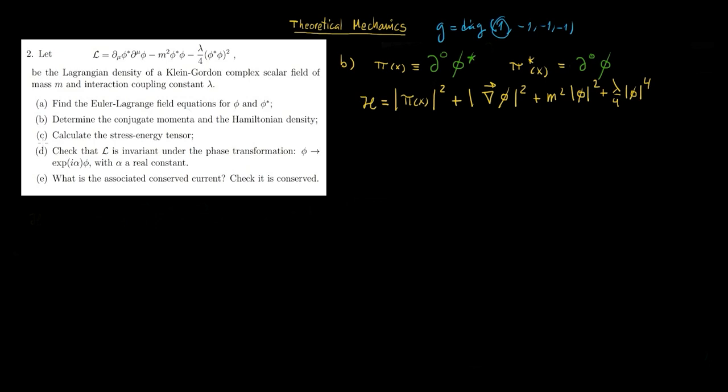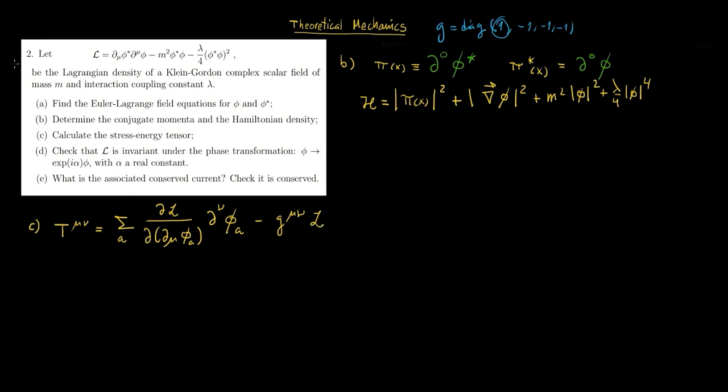Let's do section C: calculate the stress energy tensor, also called the energy momentum tensor. And remember the definition. T mu nu equals the sum over A, where A is some index, of partial L with respect to partial mu phi A, partial nu phi A, minus g mu nu L. But what is the meaning of this index?